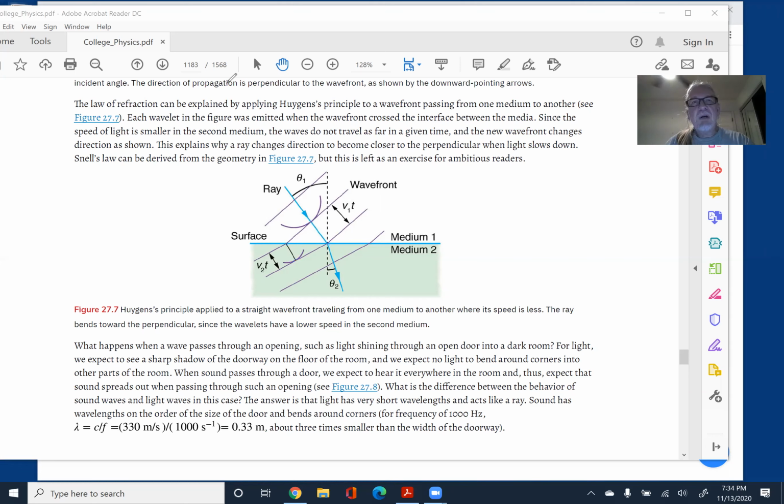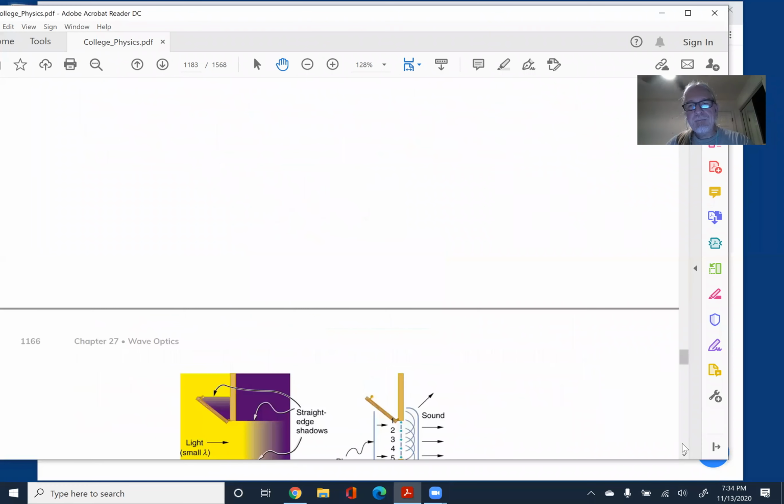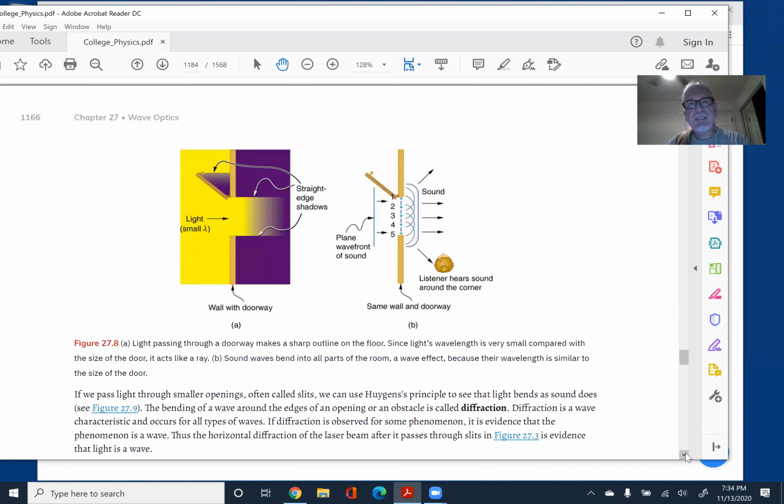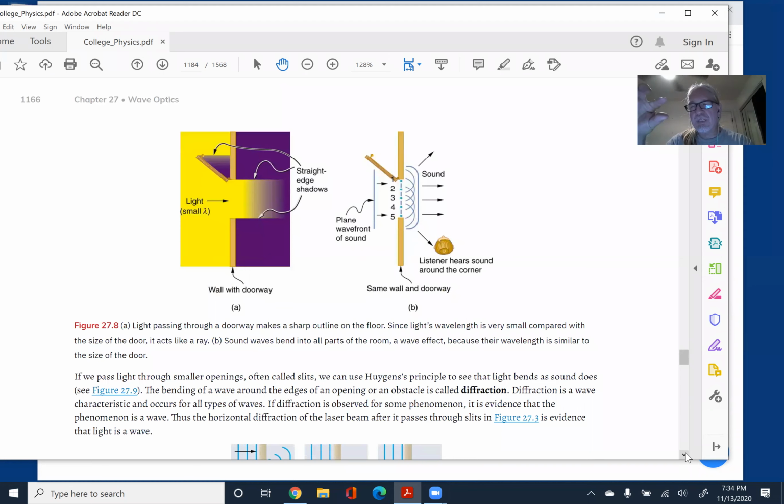But to talk more about the purpose of this chapter, which is the behavior of light in the presence of smaller objects that can be slits or circular holes or different things.